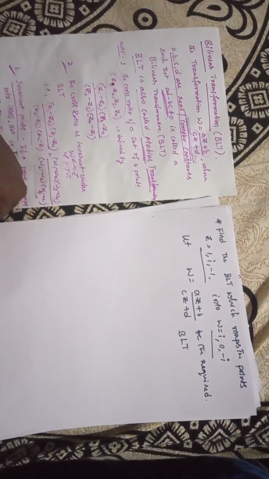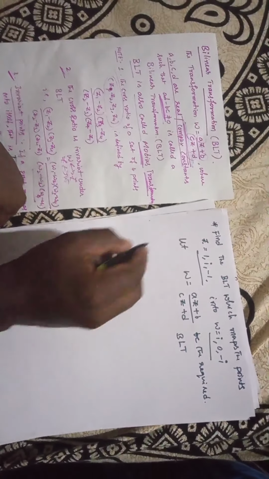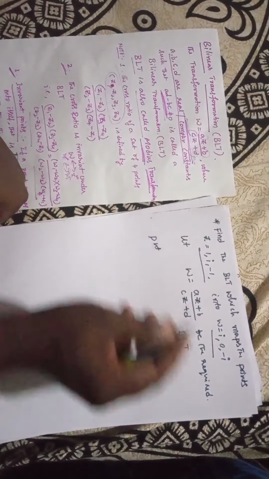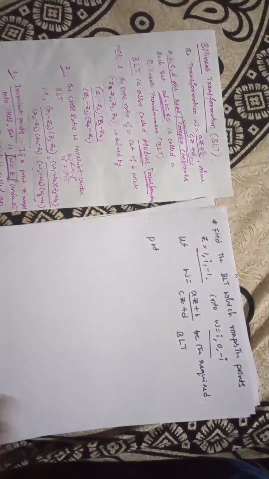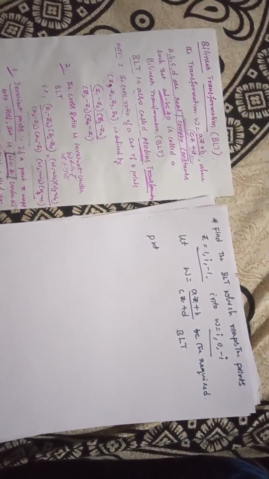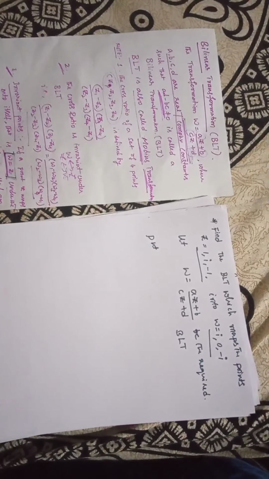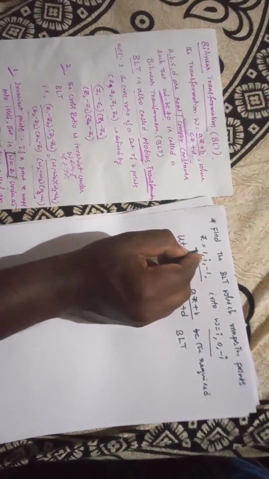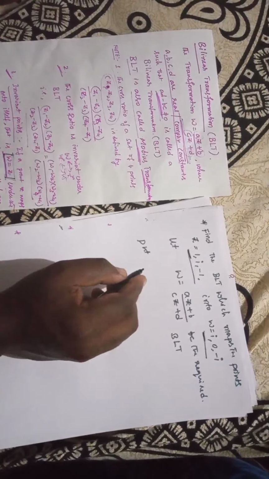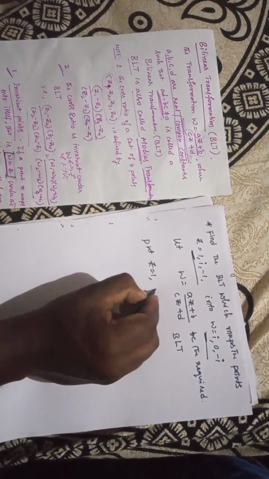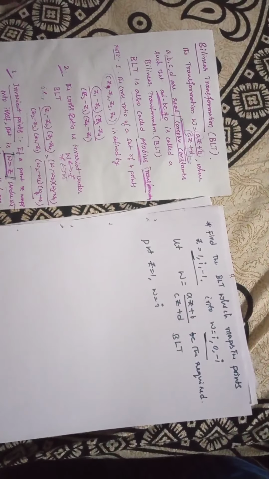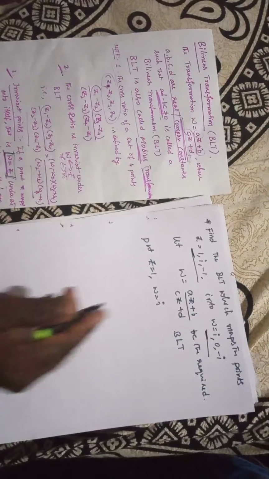This is our first step: we write the points they gave in the question. Put our first z value and first w value in the standard form. Put z equal to 1 and w equal to i.